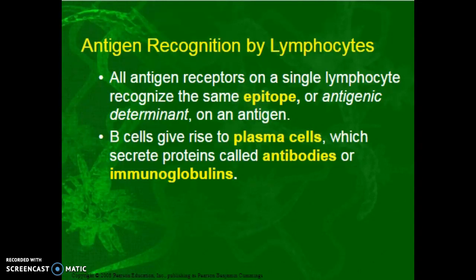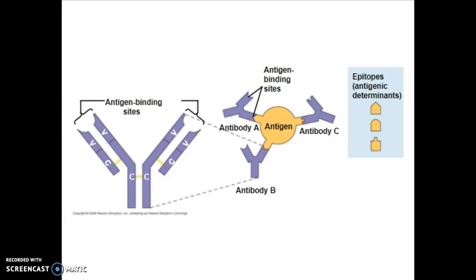B cells are going to give rise to plasma cells, which are going to create proteins called antibodies that we also call immunoglobulins. So we've got our antigen that you can see is going to fit here. We've got these antigen binding sites. Oh, I'm sorry. So here's our antigen. Here's our epitopes. Those are our male versions.